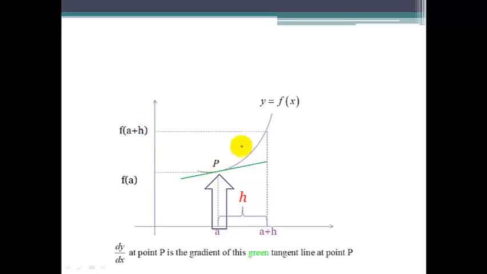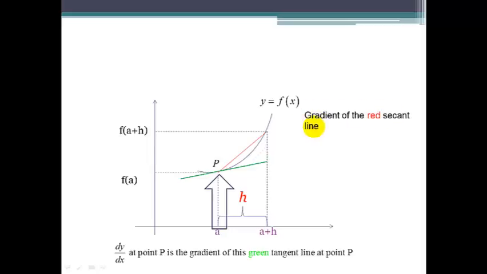Now that I have two points, one is P, another point is just an arbitrary point that I took just now, I'm going to draw a red secant line through both points. Remember in your secondary school when you learned about coordinate geometry, do you remember how to find the gradient of any line?